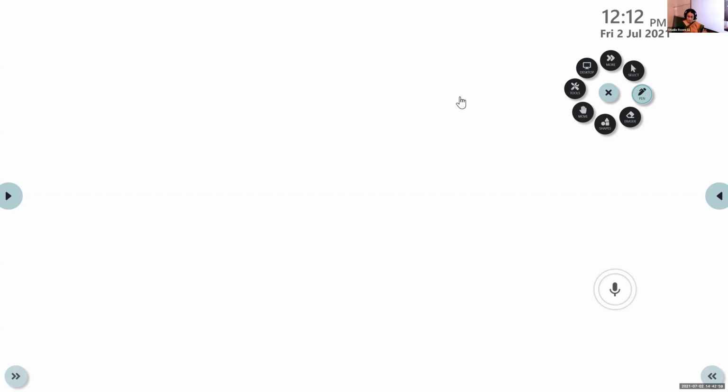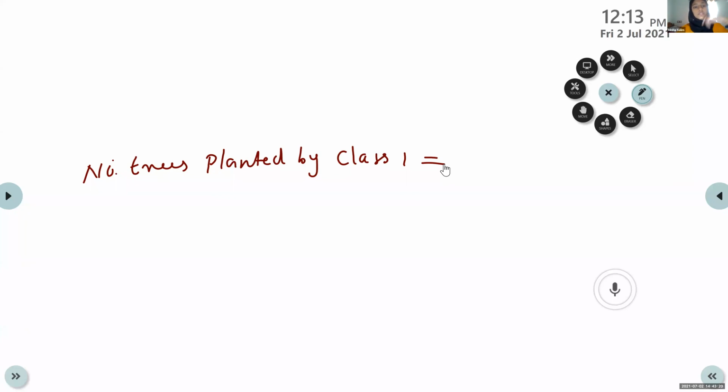So my question, the number of trees planted by students of class 1, what will it be? Three. 1A will plant one, 1B will plant one, 1C also will plant one.